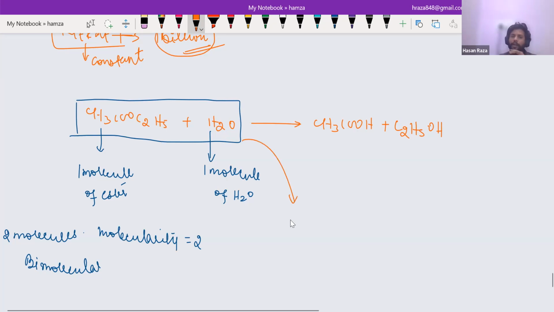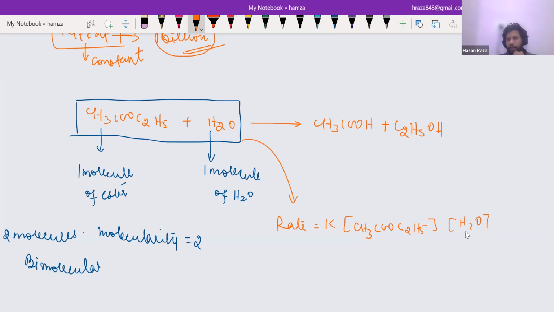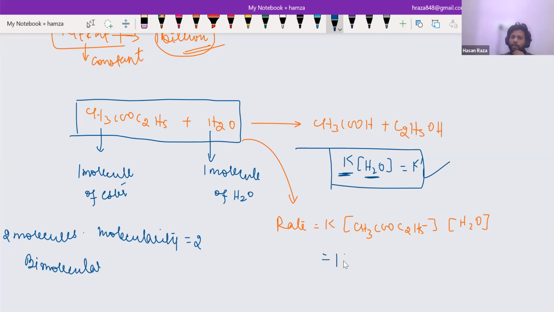Now come to the order. If you write the rate law expression, rate equals K into CH3COOC2H5 into H2O. Now H2O is in excess, like your Kit Kat, so K into H2O will be equal to K dash. This will be constant again, so multiplying this, there is a new constant K dash.